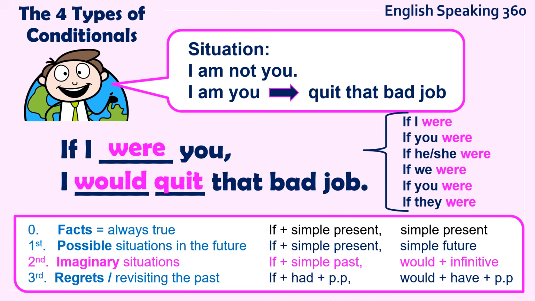Here we go. If there is the verb to be in your if clause, you have to use if I were you. As I said before, it's not if I was you. If I were you, if you were me, if he were him, if we were them, if you were them, if they were us, for example. It's all were with the verb to be.